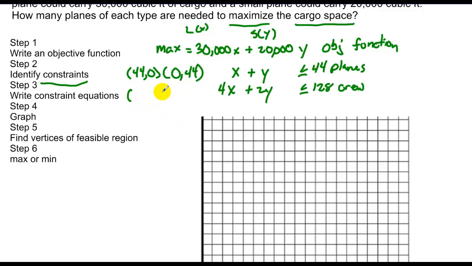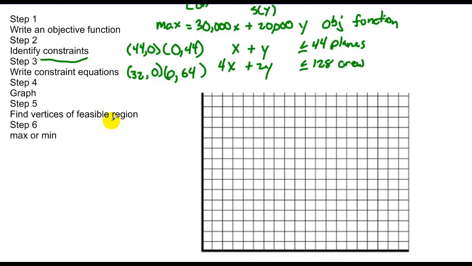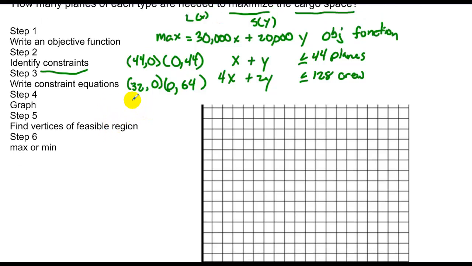And plug 0 in for y, I get x equals 32, and if I plug 0 in for x, I get y equals 64. So now we're going to graph these points. Another thing we probably have to know is that x has got to be greater than or equal to 0, since we're probably going to use some planes, and y is going to be greater than or equal to 0. So that's the two axes. So let's go ahead and graph those now.